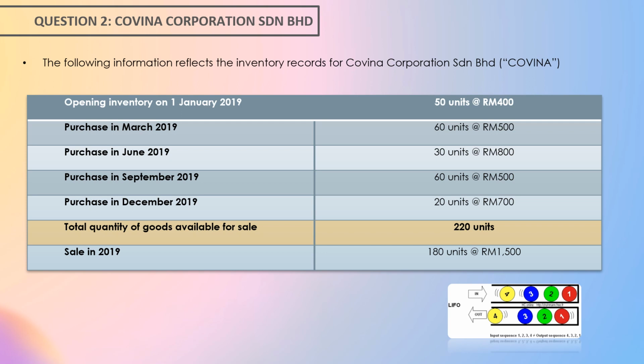Total quantity of goods available for sale: 220 units. The sale in 2019 is 180 units at RM1,500.